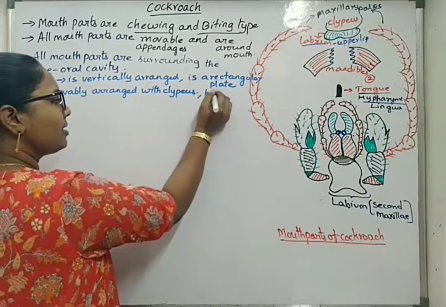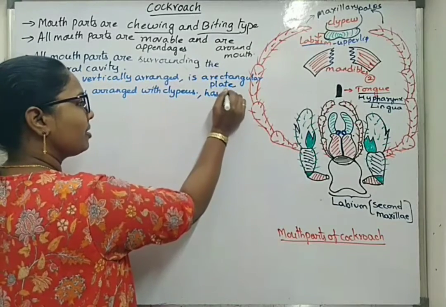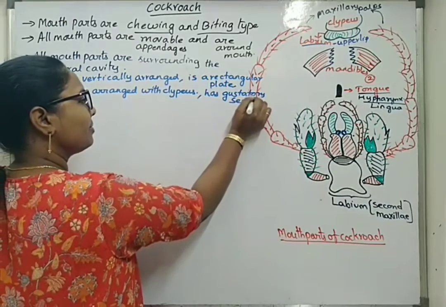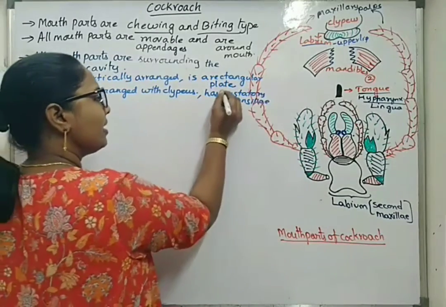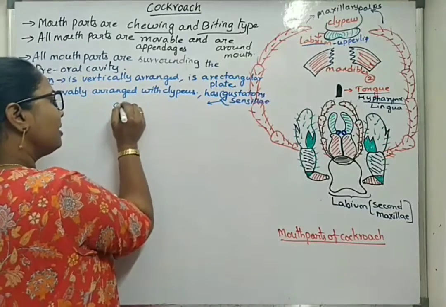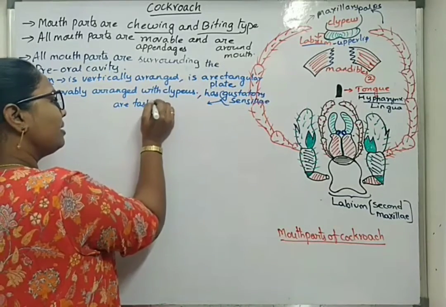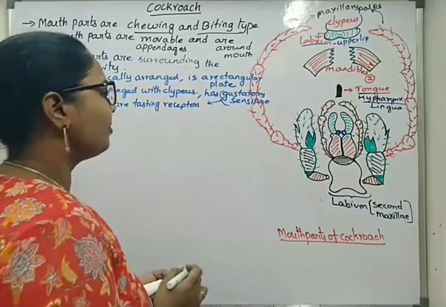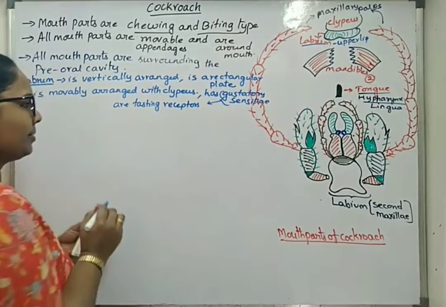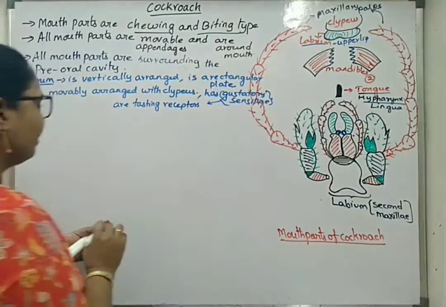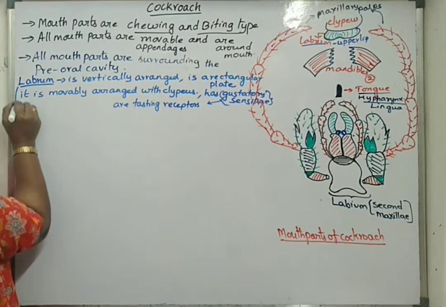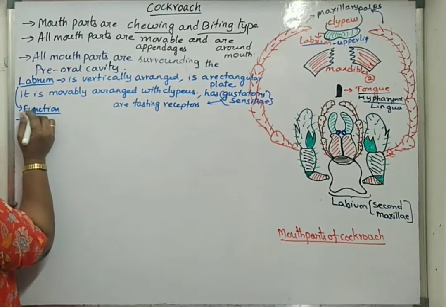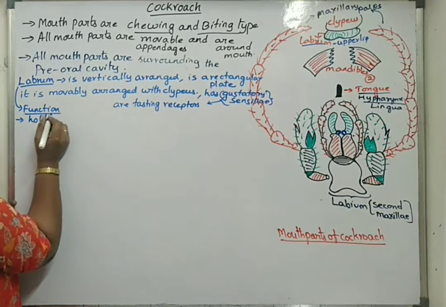This labrum has tasting receptors, also called gustatory sensillae. These gustatory sensillae are tasting receptors. They taste the food. Next, function: they hold the food and taste the food.